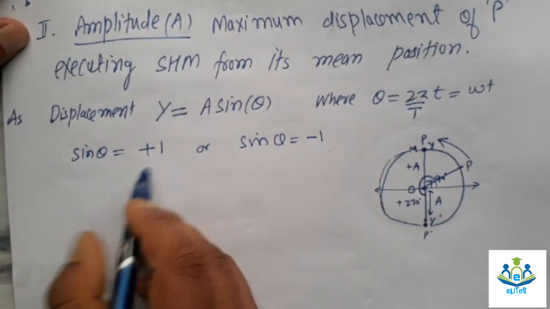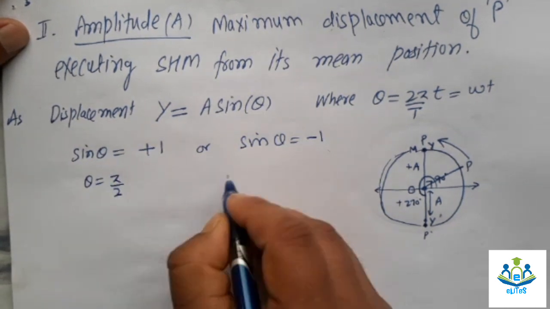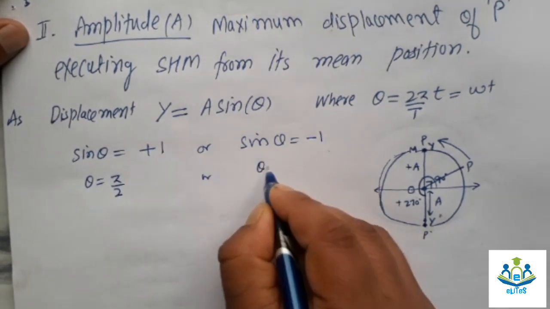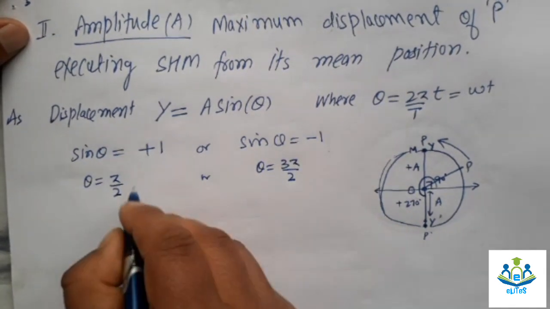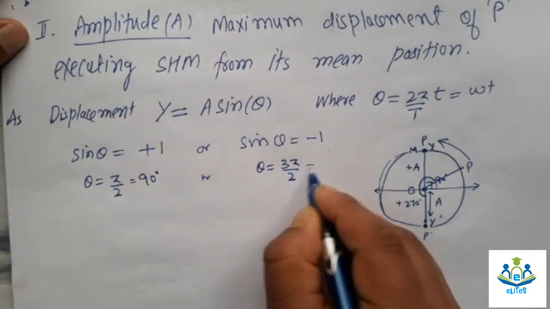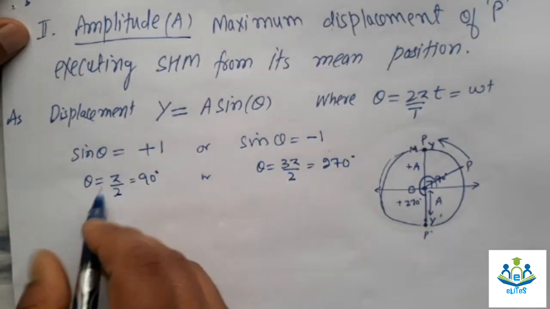When sine theta is plus 1, theta is pi over 2, which is 90 degrees, and it is minus 1 when theta is 3 pi by 2, or 270 degrees.